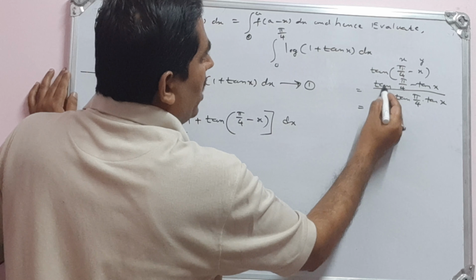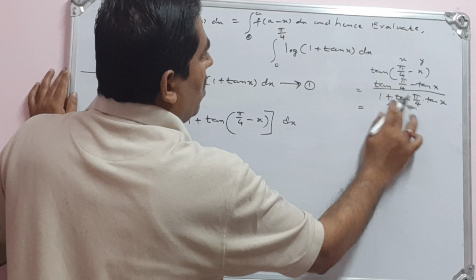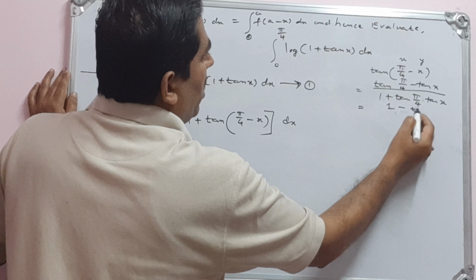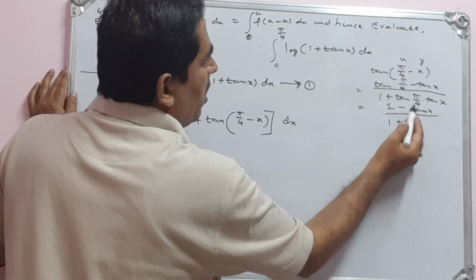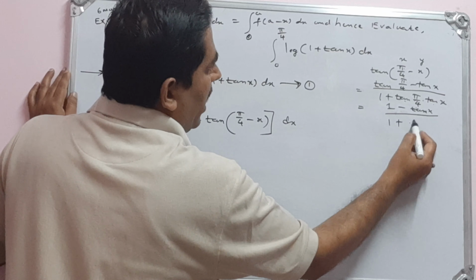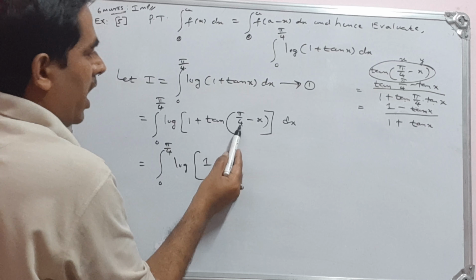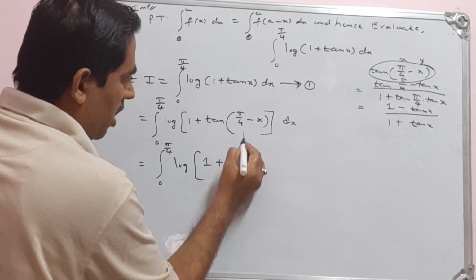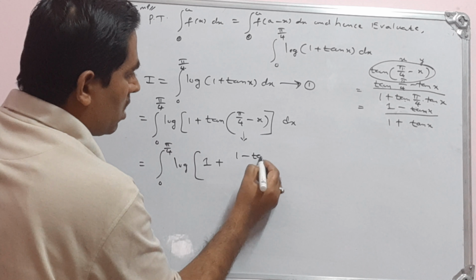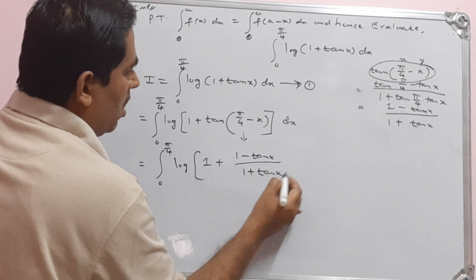Here tan pi by 4, that is tan 45, is 1. So 1 minus tan x divided by 1 plus 1 into tan x, that is tan x only. So tan of pi by 4 minus x can be written as 1 minus tan x by 1 plus tan x.